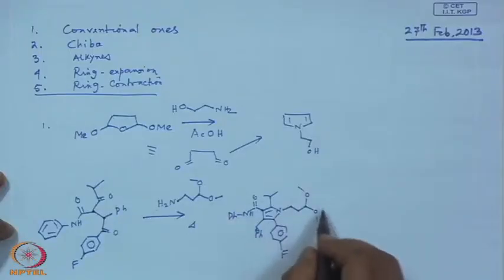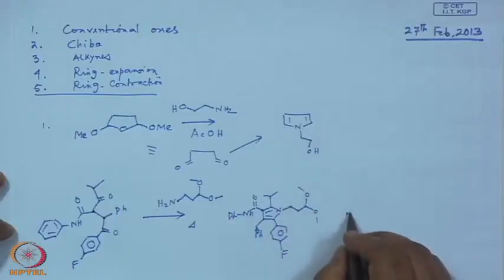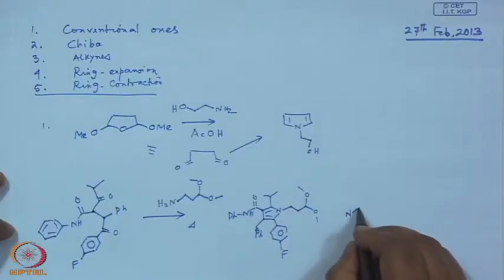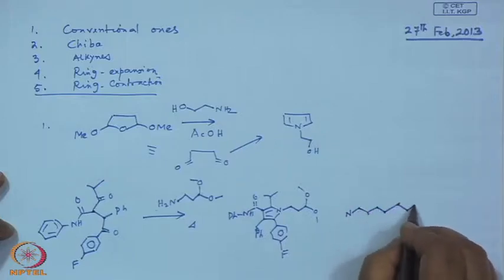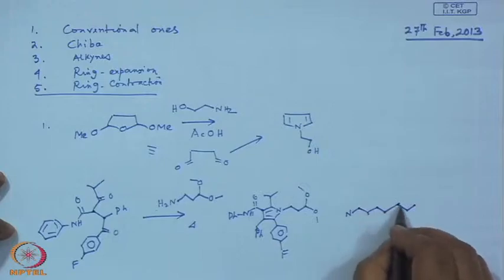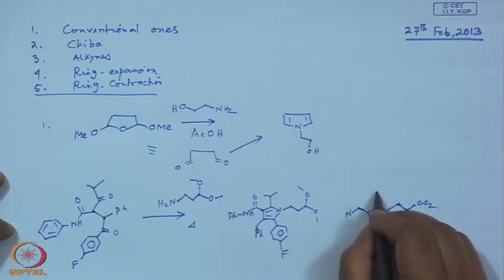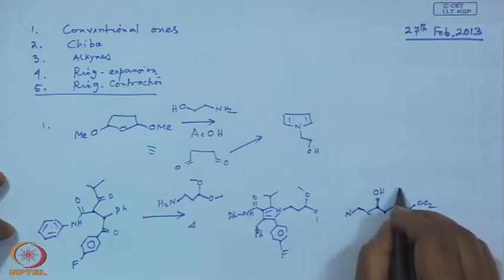But what next? If you just change the side chain with a 7 carbon unit, 1, 2, 3, 4, 5, 6, 7, and then you have two OH groups here.